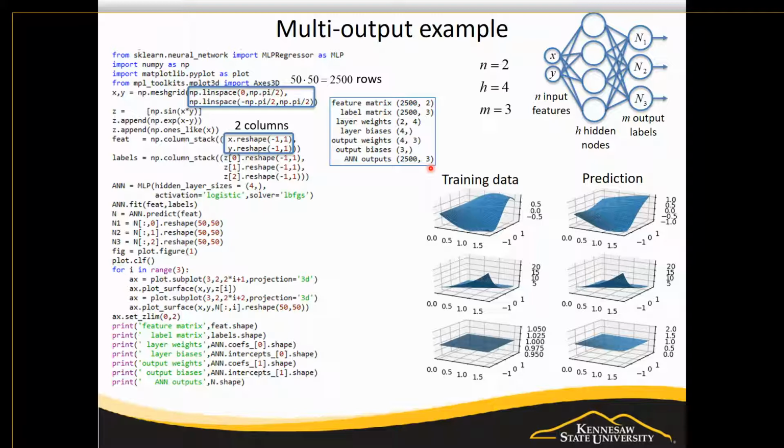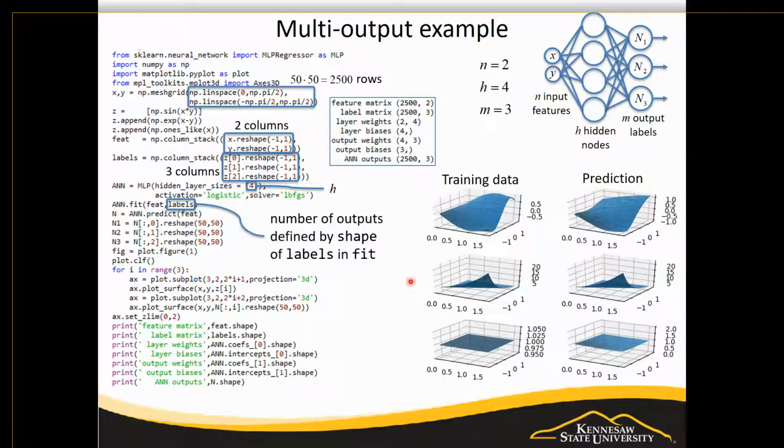Then, this has 2 columns. I stack together 2 columns. That's where the feature matrix gets its 2 columns. I stack together 3 columns to get the label matrix to have 3 things. Okay, there are 4 nodes because I defined that in my constructor for the MLP. And then, interestingly enough, nowhere have I told the neural network how many outputs there are.